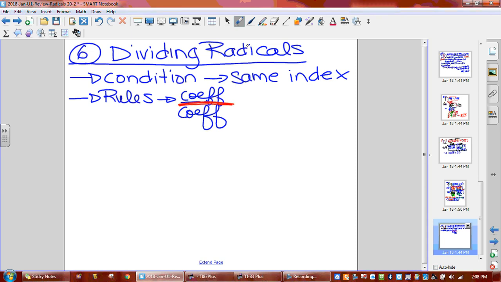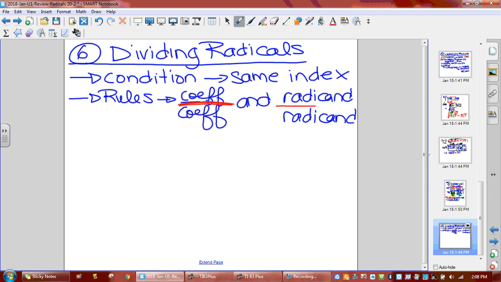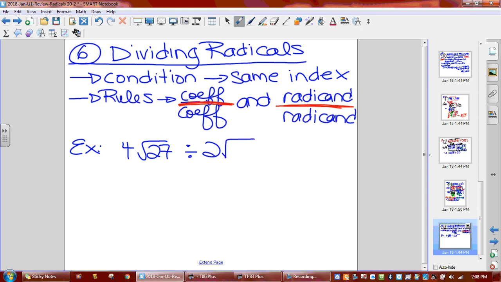So we've got 4 root 27 divided by 2 root 3. Now myself personally, I would write it as fractions straight up and down. So I would rewrite this as 4 root 27 over 2 root 3. And now they're lined up perfectly for me to divide. So I'm going to divide my coefficients and I'm going to divide my radicands.